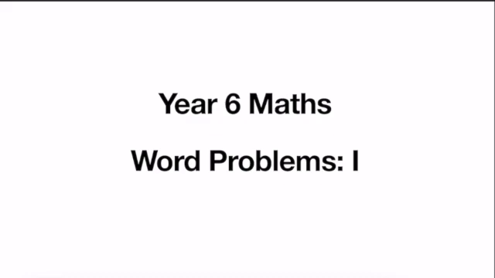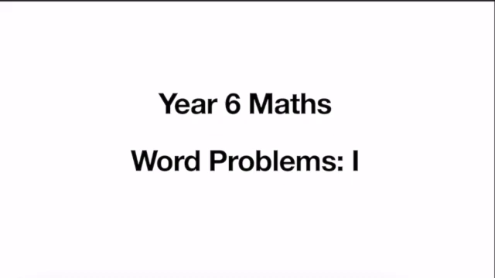Okay everyone, in today's lesson we are going to be looking at some word problems where you have to think carefully about which operations you need and what order you need to do them in, because there may be two steps.